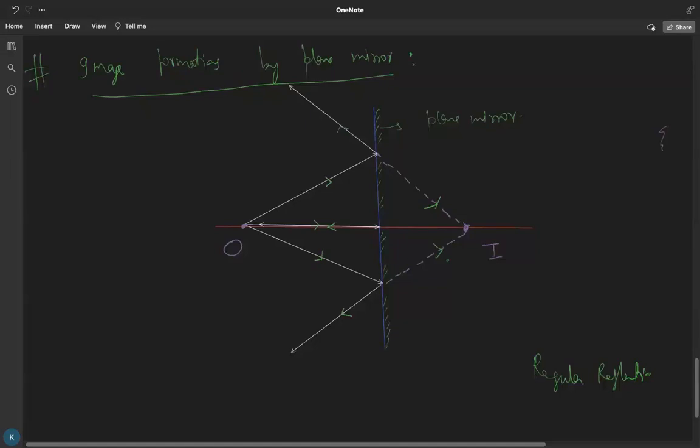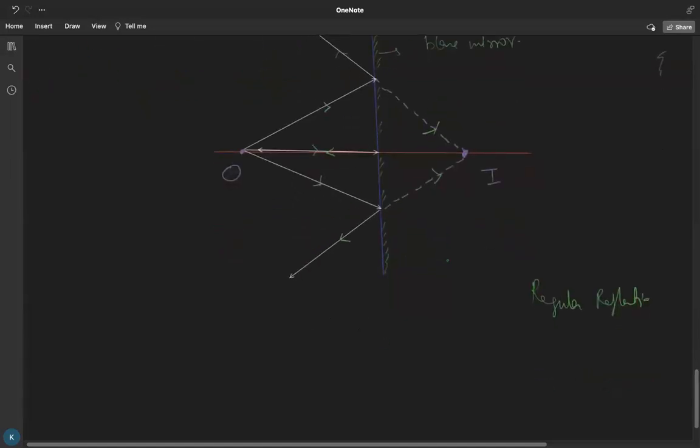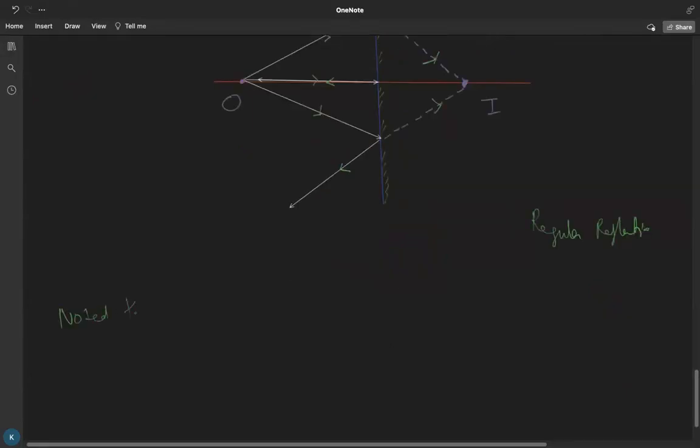Now, what we have to find is what are the things that happen during image formation by the plane mirror. So something we can derive here, and the things we have to notice are noted during image formation by plane mirror.